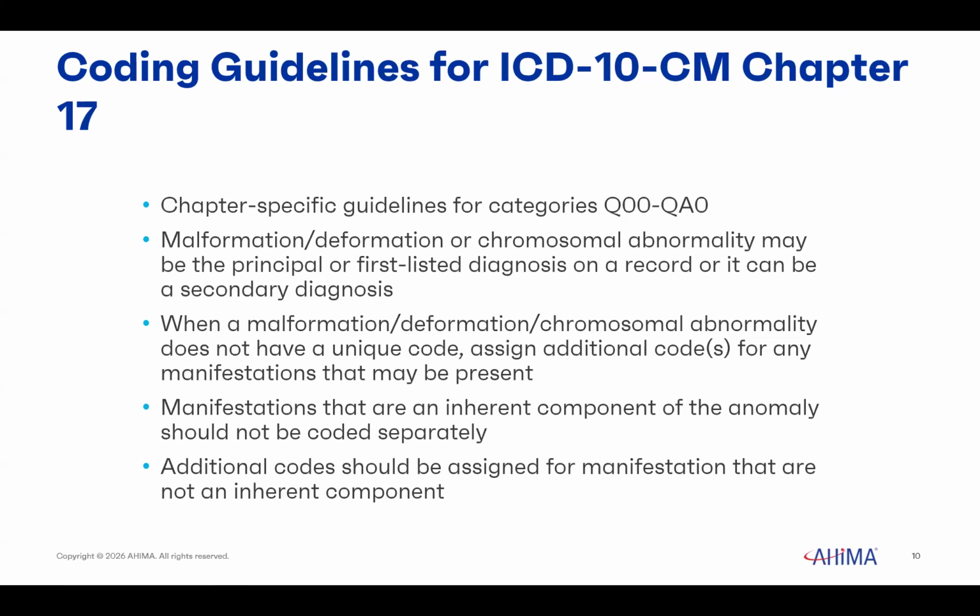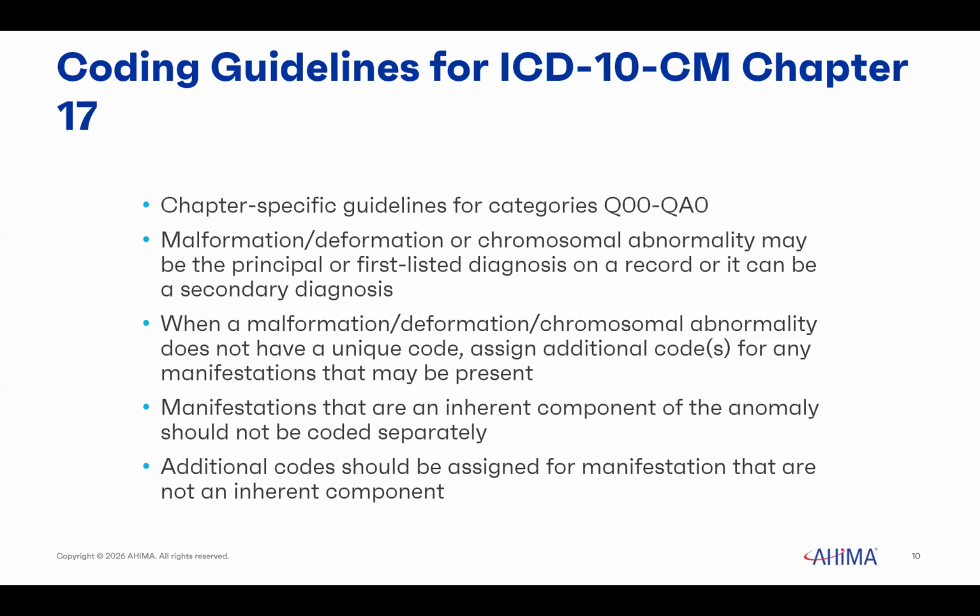We do not code inherent manifestations separately. It's kind of like that general coding guideline: we don't code signs and symptoms if they're inherently part of that process. Conditions may be diagnosed later in life, but if they're present at birth, these Chapter 20 codes are still appropriate.